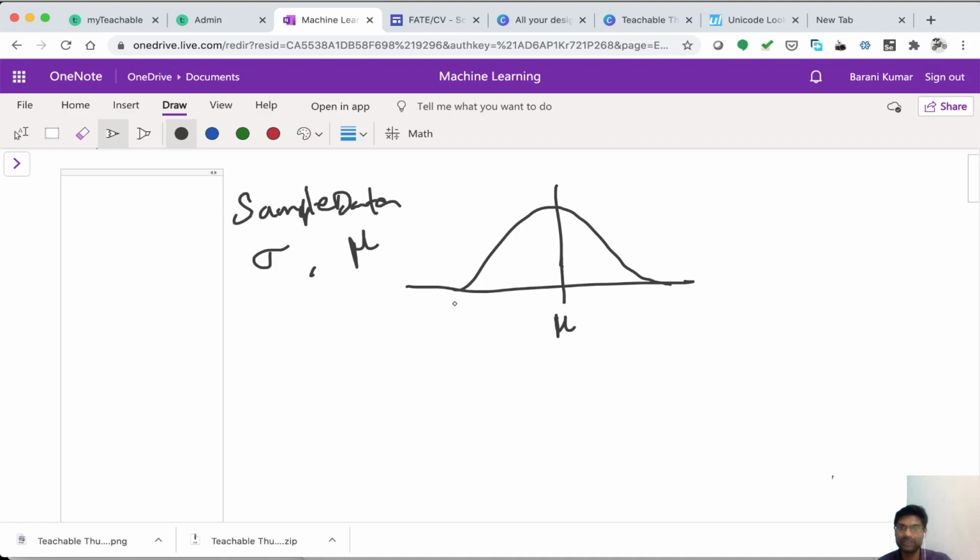So let's say this is going to represent the sample from some value between x to y, but the total range can be minus infinity to plus infinity, the actual population which I mean.